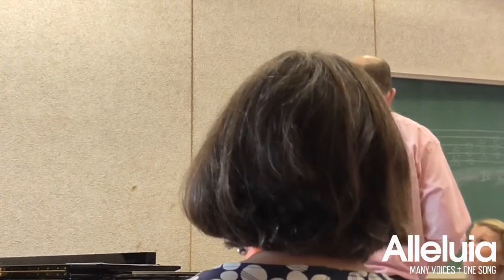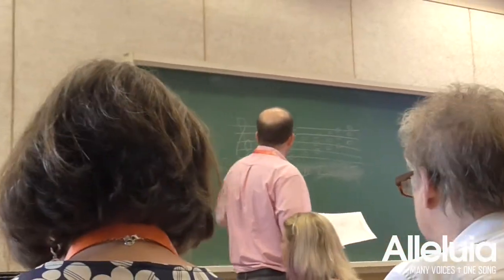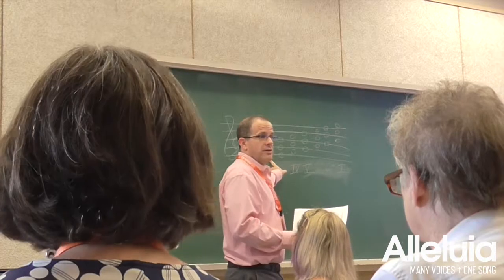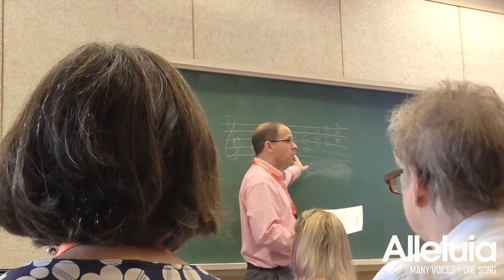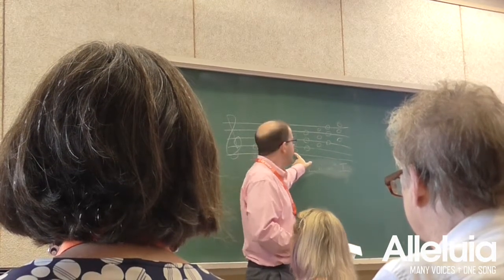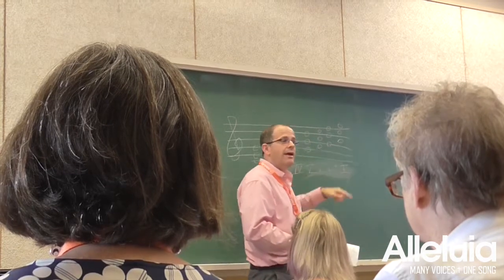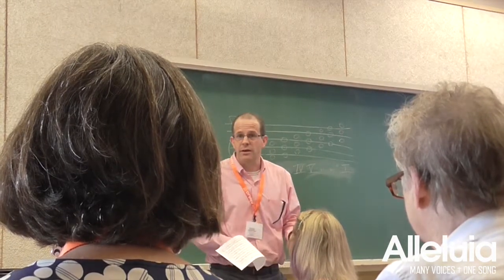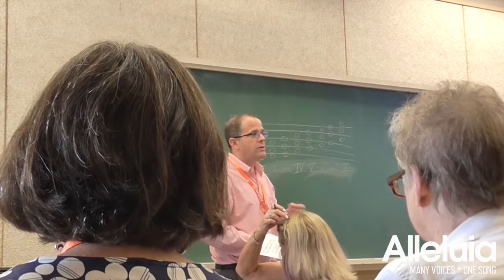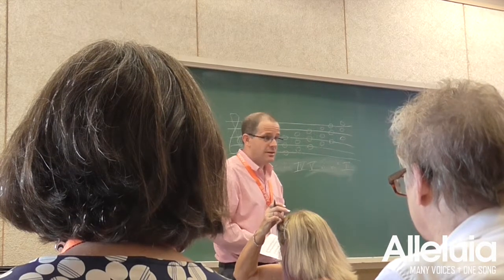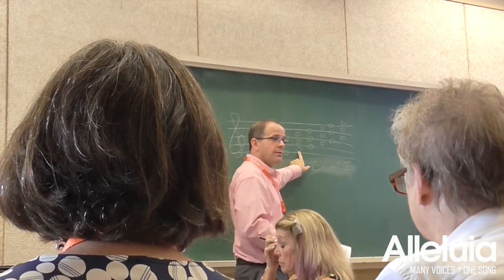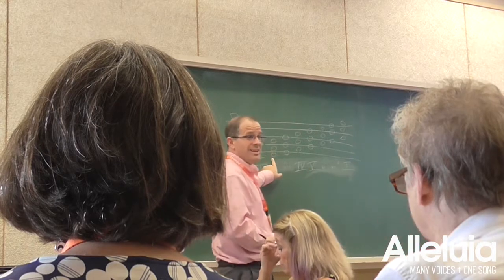If there is no 7th involved, then when I add a D, I'm calling it a 2nd. When I add a 4, I'm calling it a 4. When I add a 6, I'm calling it a 6. If the chord has a 7 in it, then we have to call all these added tones by their extended name. So this 4 now becomes an 11. This 2 becomes a 9.